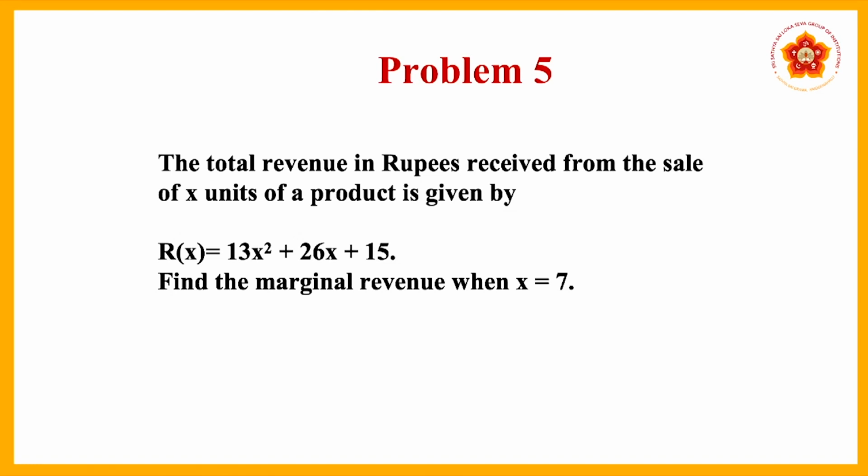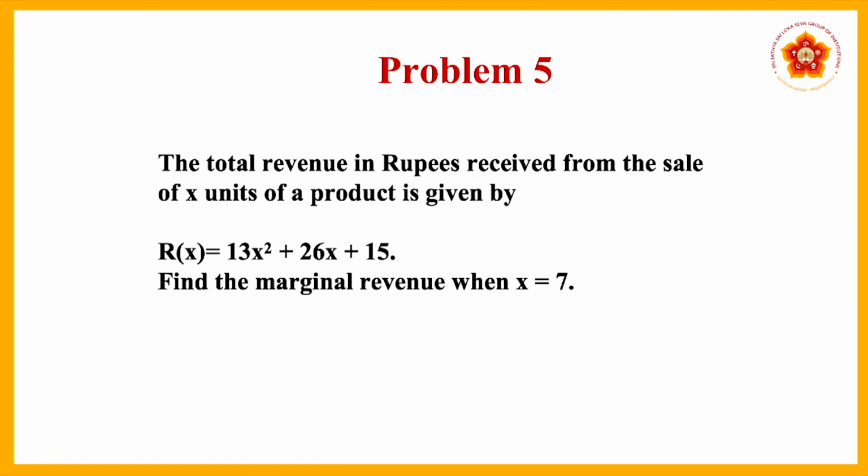The problem goes like this. Now the problem is about revenue, money which you are going to get. The total revenue in rupees received from the sale of x units of a product is given by a function R of x equal to 13x square plus 26x plus 15.